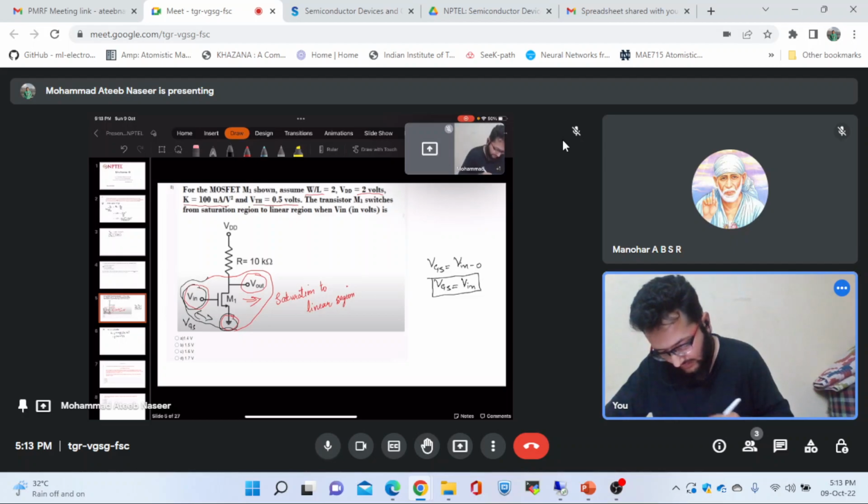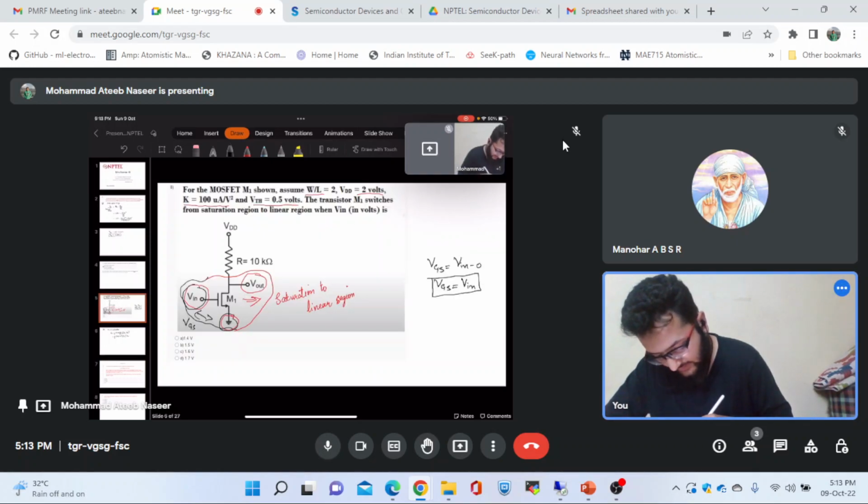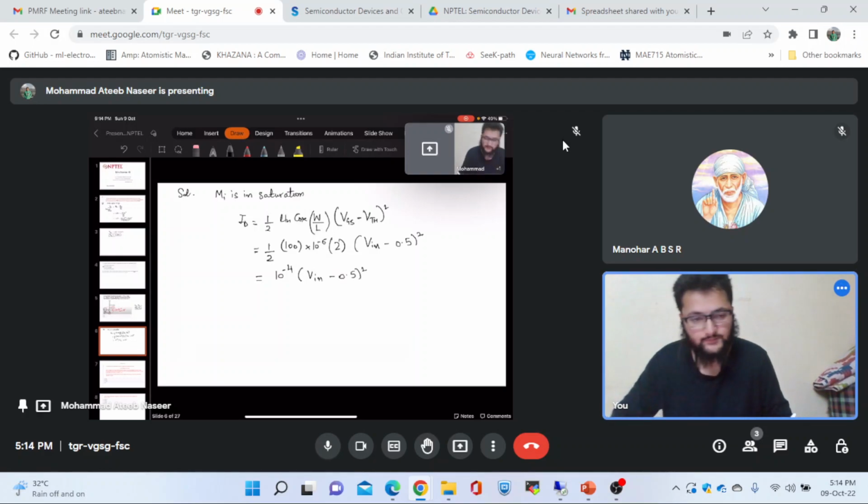So let me put it over here. This VGS minus the VTH is Vin minus VTH, and VTH is 0.5 volts. So this is our equation. Let us solve this. It will simply become 10 to the power of minus 4 times (Vin minus 0.5) whole square.